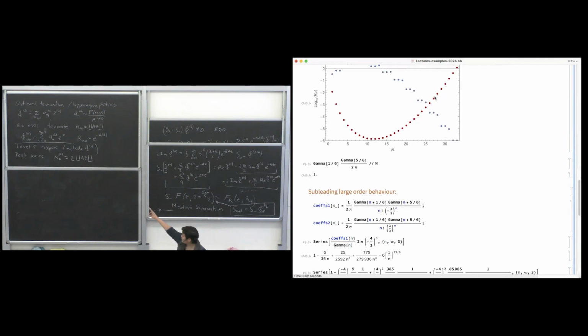So now adding 2 terms, if we only include that, we would be like here, right? So we would be getting a much worse result.